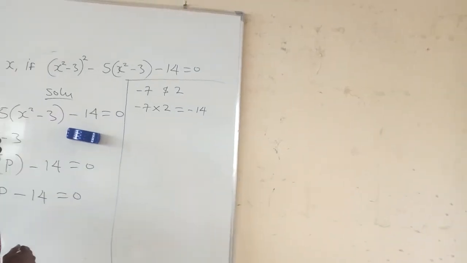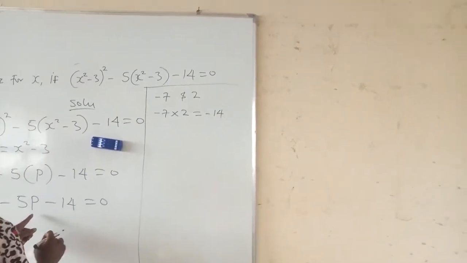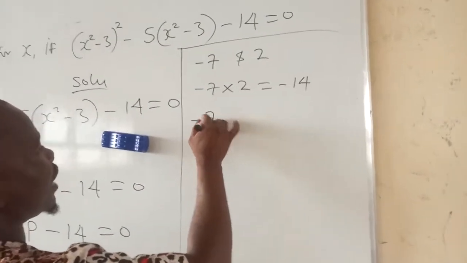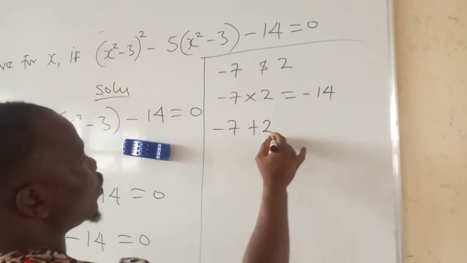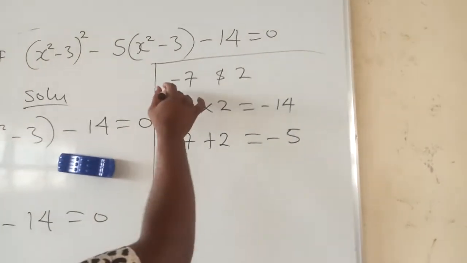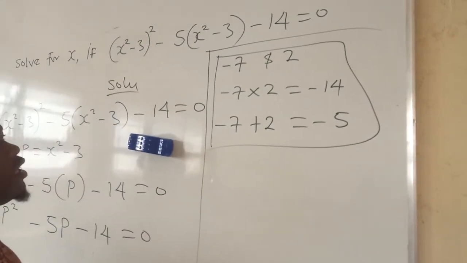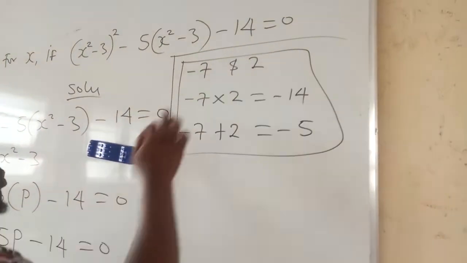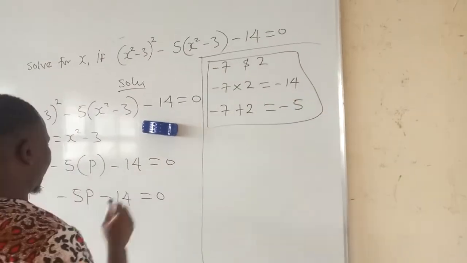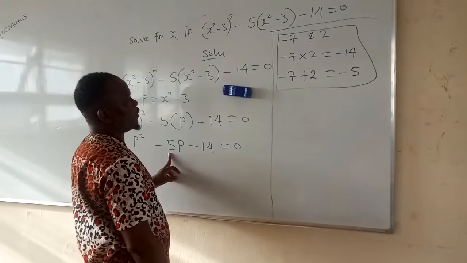Is that clear? Then let us add. If we add, it should give us minus 5. Minus 7 plus 2, we know it will give us minus 5. It means this will hold. Is that clear? Minus 7 and plus 2. Are you seeing? Because if you look at this place, we have minus 14 and we have minus 5.